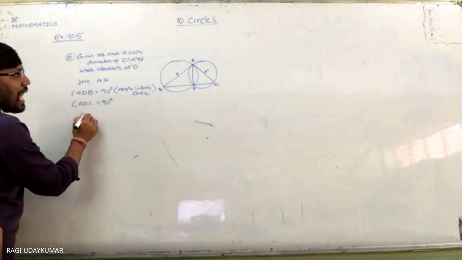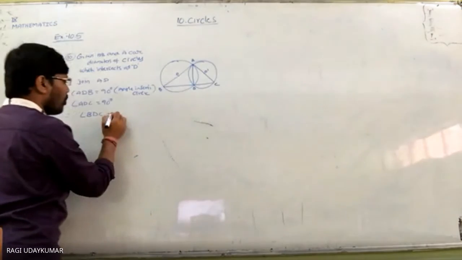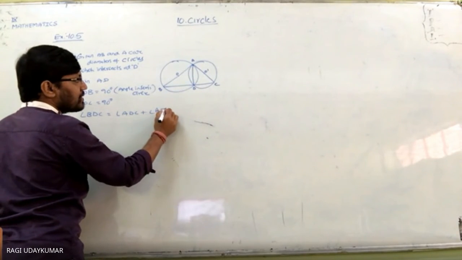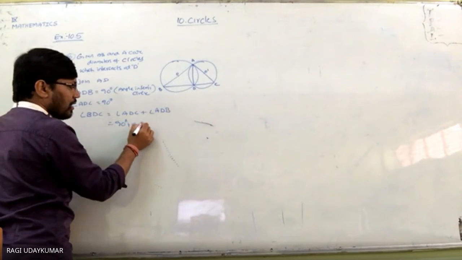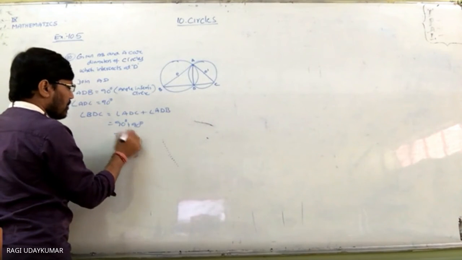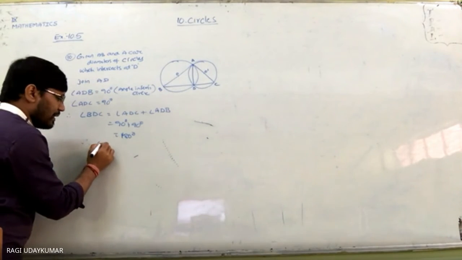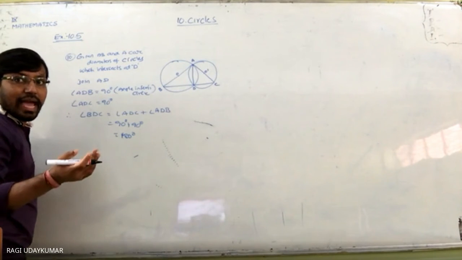Therefore, angle DBC can be written as angle ABC plus angle ADB. So this is 90 and that is 90, so the total is 180 degrees. Therefore, you can say that BDC is nothing but a straight angle.